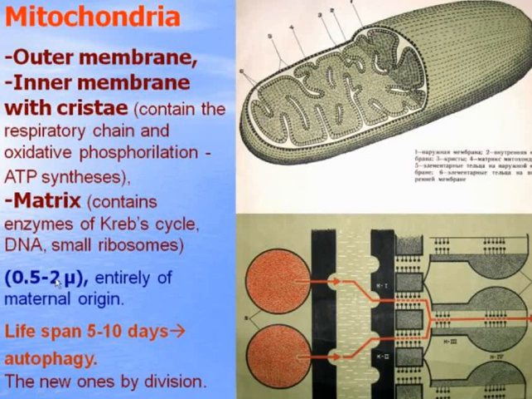The size of mitochondria is between 0.5 and 2 microns. The lifespan is up to 10 days, and new ones appear by division of the older mitochondria.